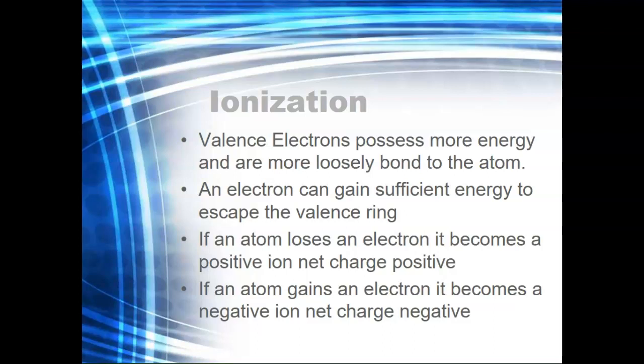These outermost electrons are not very tightly bound to the atom, especially if you've only got 1 to 3 in that outermost shell. It means that they do not have a tight bond. So an electron can gain energy to escape that ring through other methods. Sometimes it's as simple as creating a domino effect. You start bumping one electron and it goes to the next atom, and it just keeps everything moving. Okay?